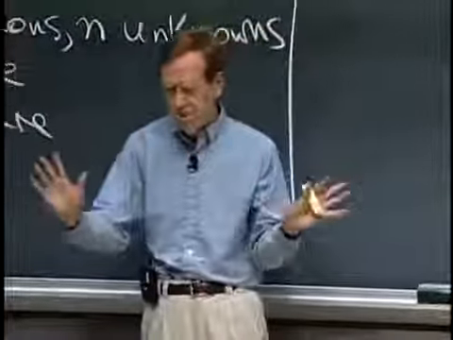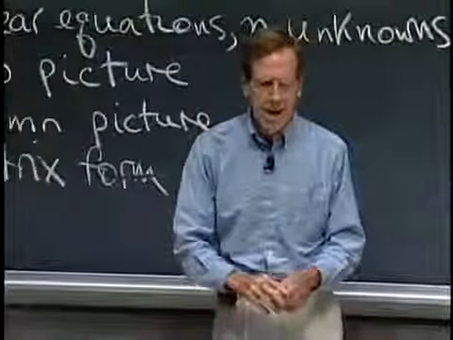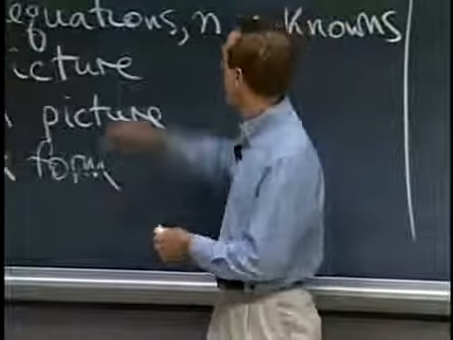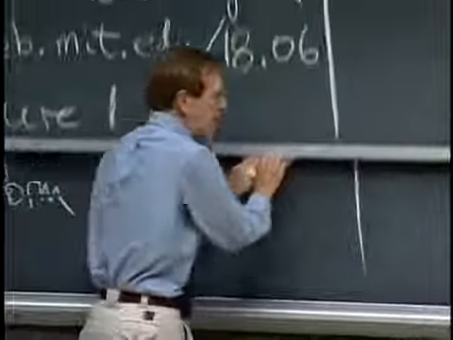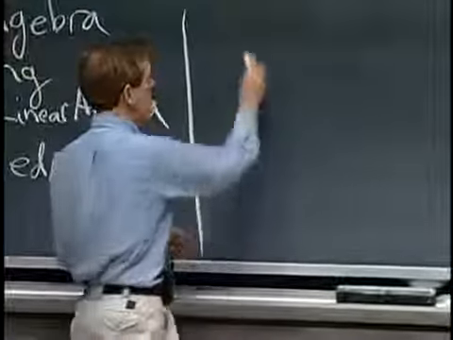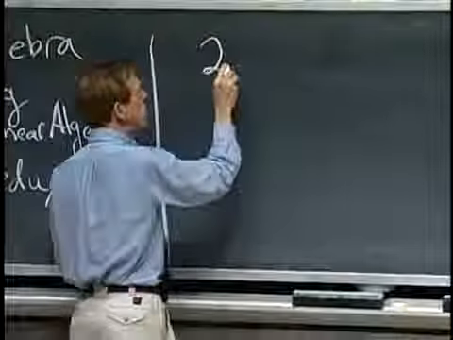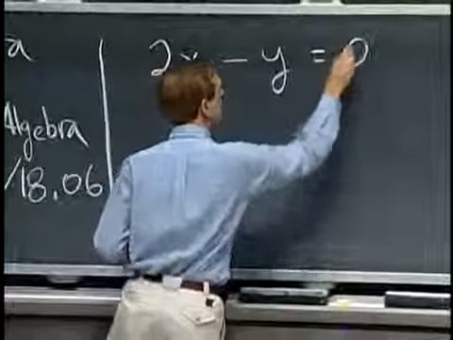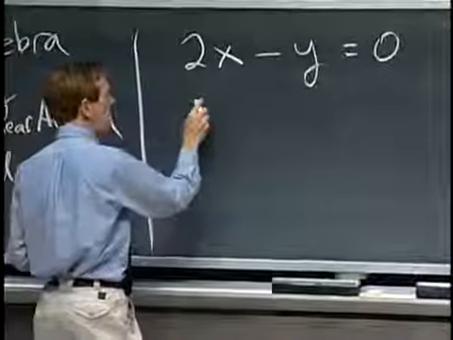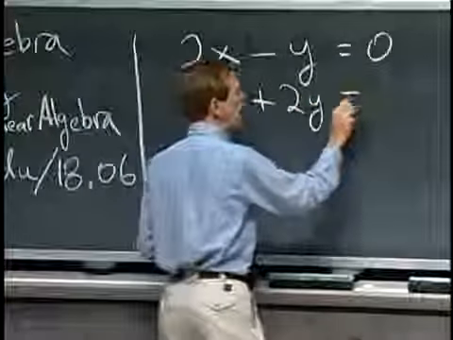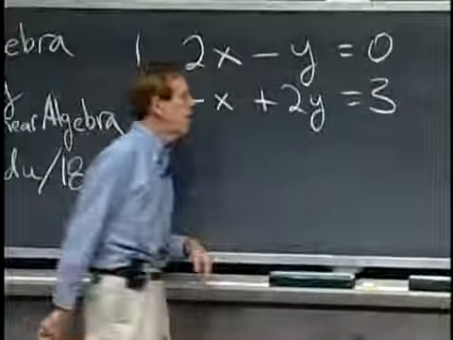Okay, so can I do an example? The whole semester will be examples and then see what's going on with the example. So, take an example. 2 equations, 2 unknowns. So let me take 2x minus y equals 0, let's say, and minus x plus, say, 2y equals 3. Okay.